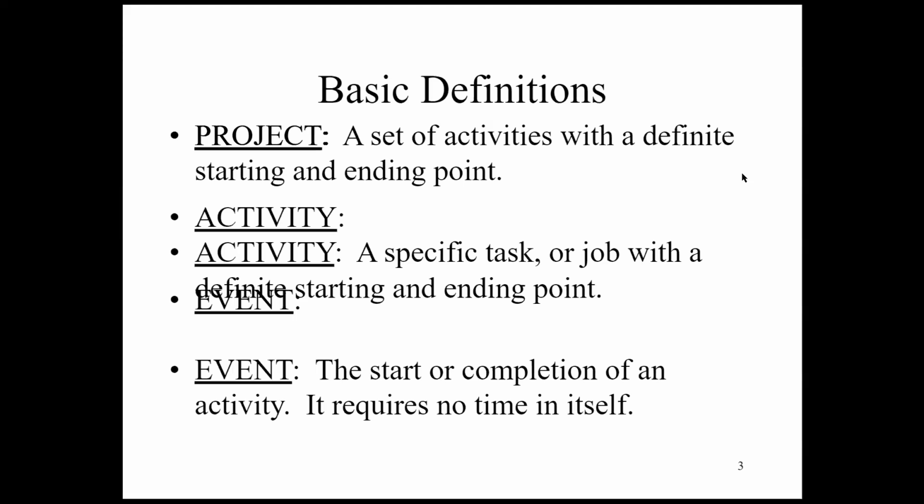An activity will be a specific task or job with defined starting and ending points. And an event will be the starting point or ending point of any activities. It does not require any time for itself, right? We already introduced that.